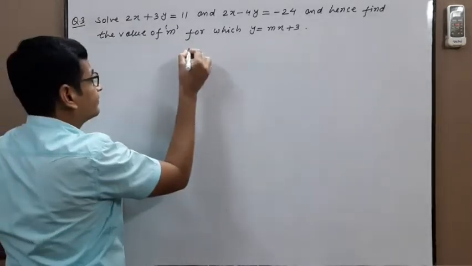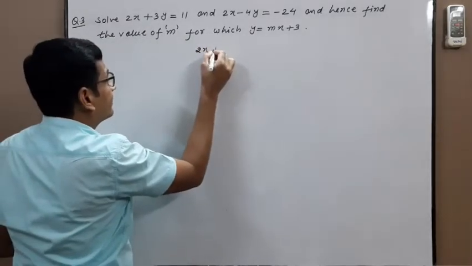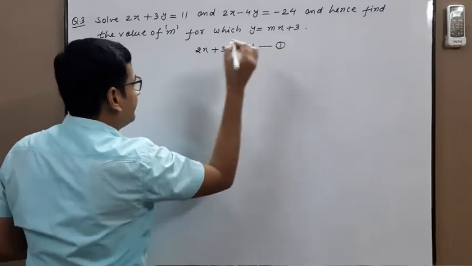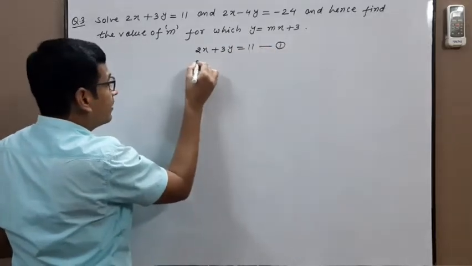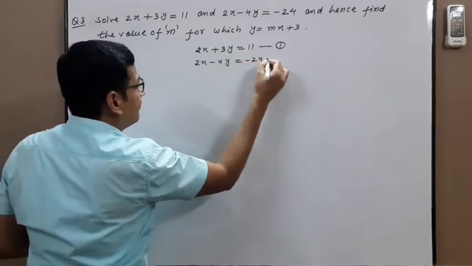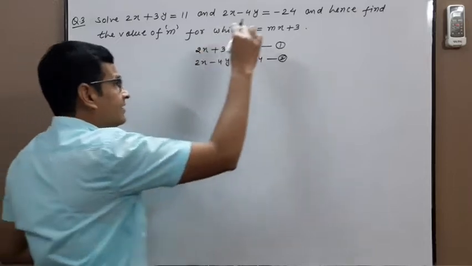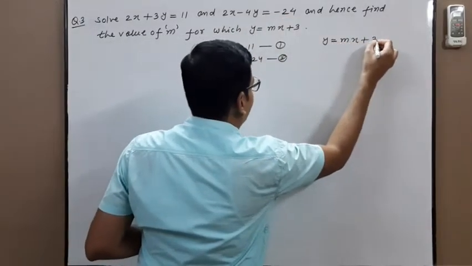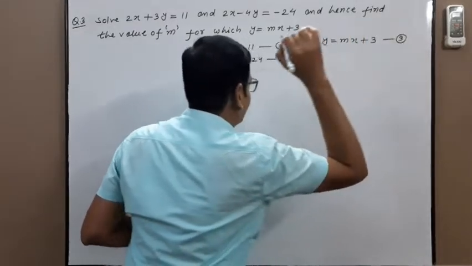So first, 2x plus 3y is equal to 11, equation number 1. 2x minus 4y equal to minus 24, equation number 2, and write this equation also: y equal to mx plus 3, equation number 3.